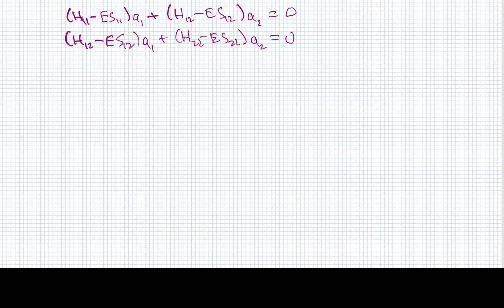Now, if these were two independent linear equations in a1 and a2, then there would be only one solution, and that would be the trivial solution. However, if this number times this number is equal to this number times this number, then these are not linearly independent equations. And in that particular instance, there can be solutions for a1 and a2 that are not 0 and 0. Well, what I've just described is the equivalent of taking the determinant of a 2 by 2 matrix.